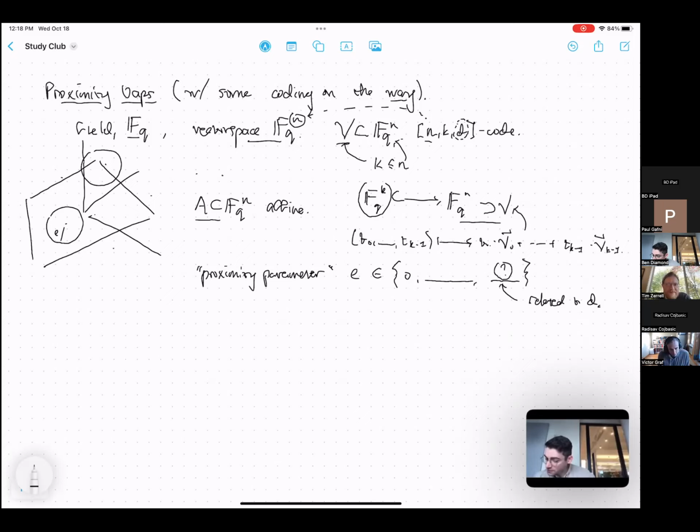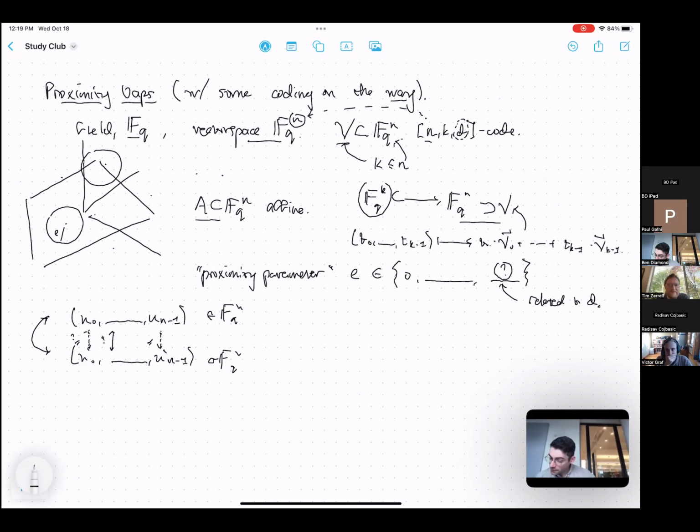So what that means is if I have two words, U0 up to U N minus 1, and U prime 0 up to U prime N minus 1, and these are both in FQ to the N, what is the distance between these? Well, what I do is I go component by component, and I ask, are they equal or not? And so on and so forth.